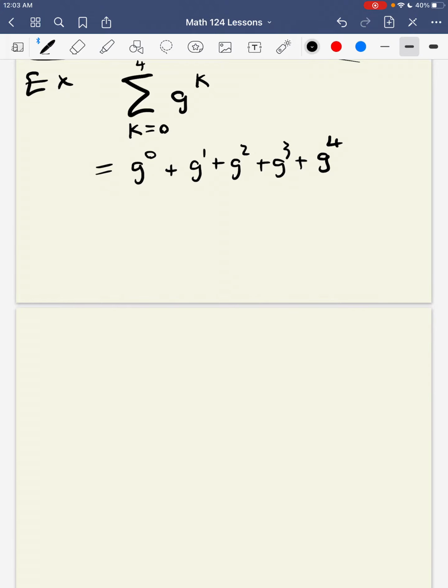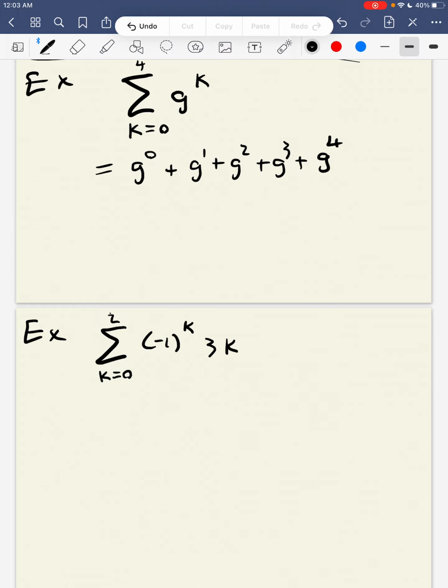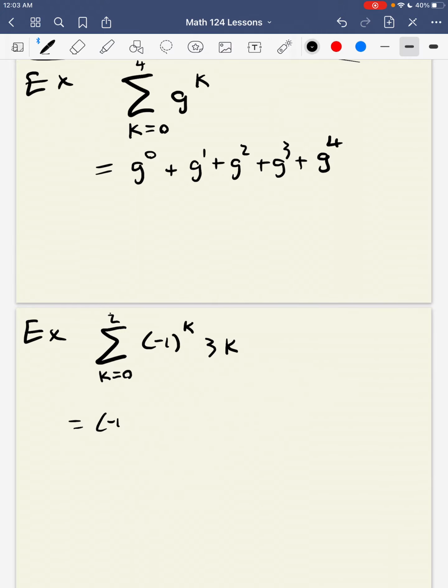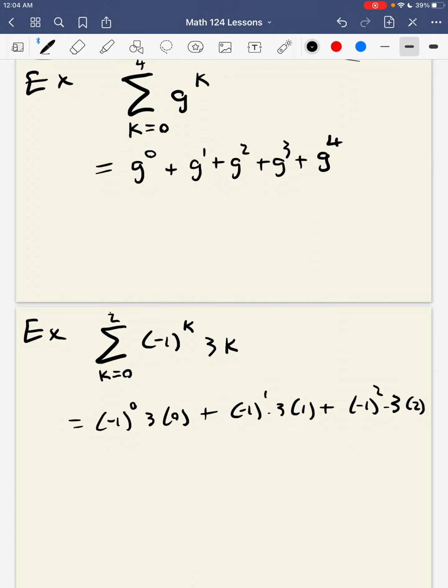Okay, let's look at some more sums maybe. Let's look at the sum of -1 to the k times 3k, where k is from 0 to 2. So that means first we plug in a 0 for k, then we plug in a 1, then we plug in a 2, and we know to stop at number 2.